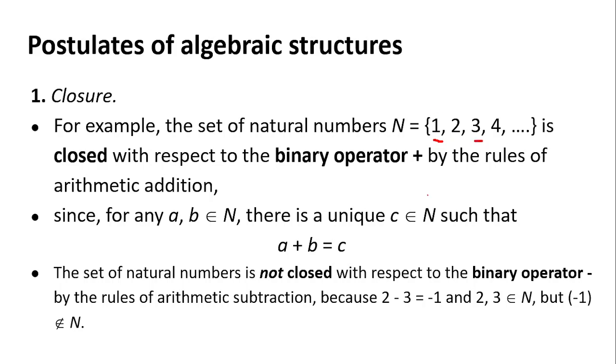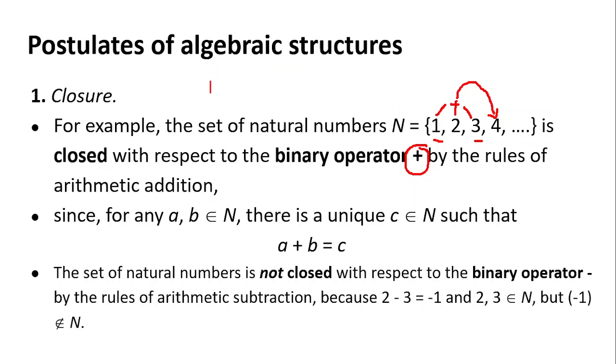If I add them, 1 plus 3 is 4. What is this 4? It is again a natural number. So if you take any two natural numbers and add them, the number that you get is a natural number itself.